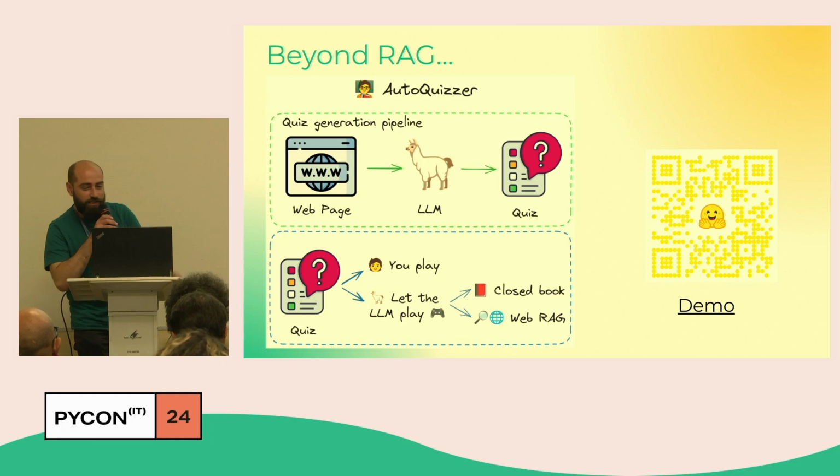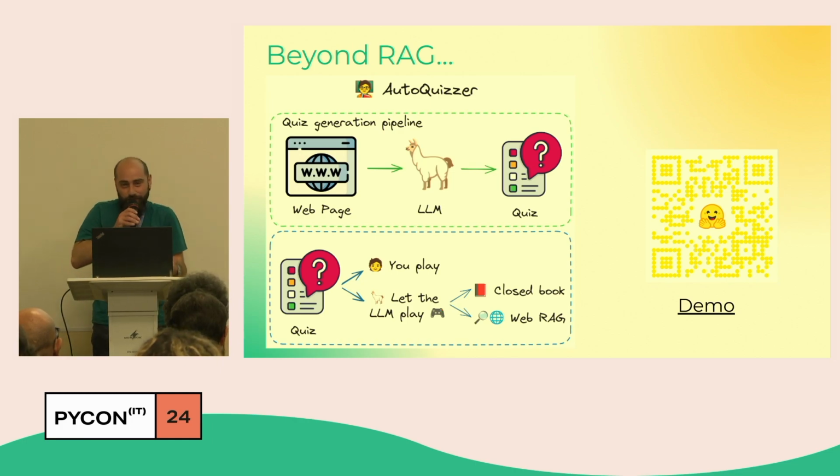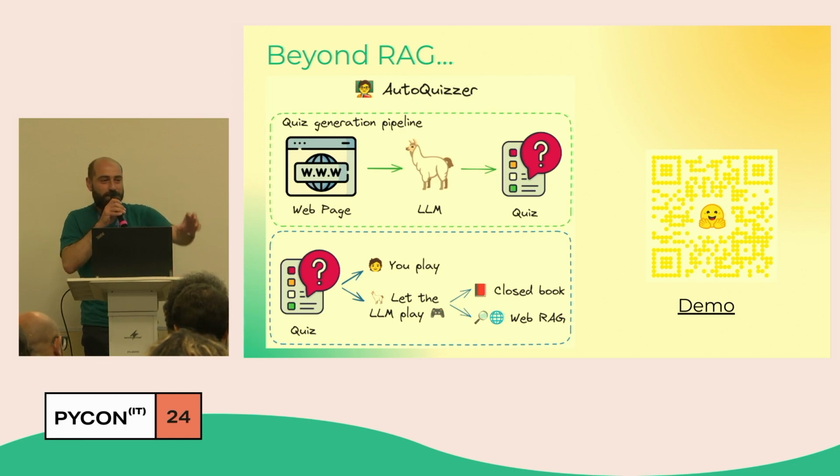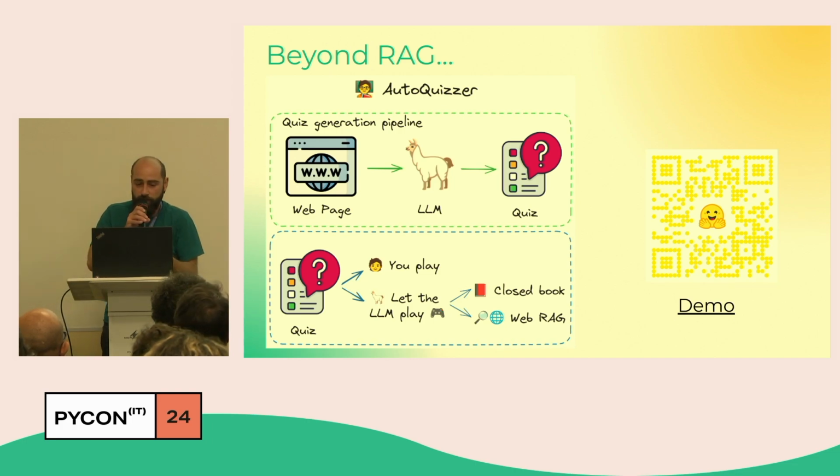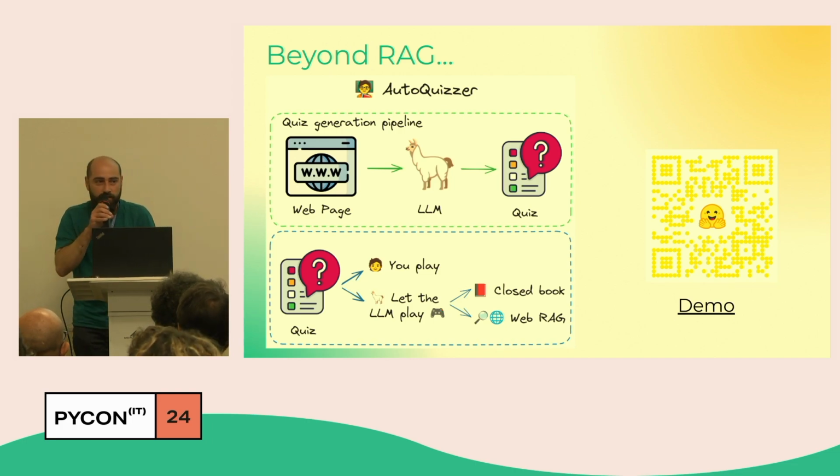Last week I shared this demo. This is nice, but not very complicated. The idea is you pass a URL to a language model and you generate a multiple choice quiz you can play with, but you can also let the language model play with it in a closed book fashion or accessing the web.